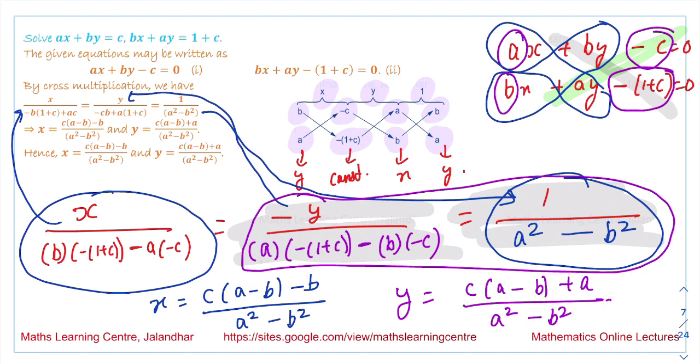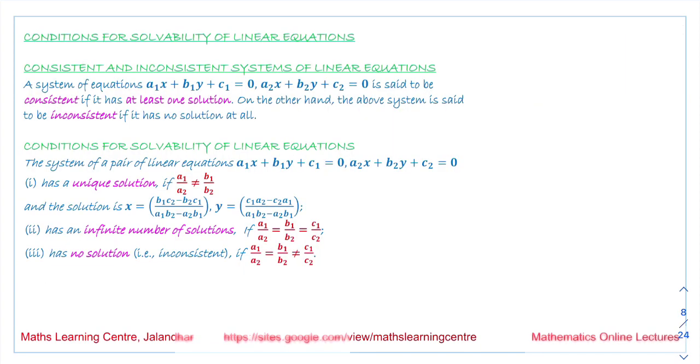Next is the condition for solvability of linear equations. So we already know what a consistent and inconsistent system is. Consistent means it has a solution, maybe finite. Finite means it is unique or infinitely many.